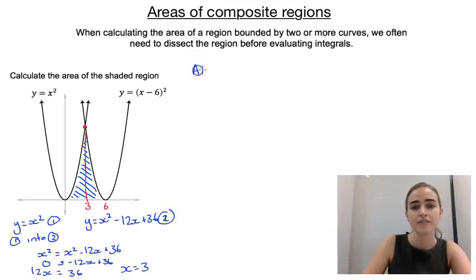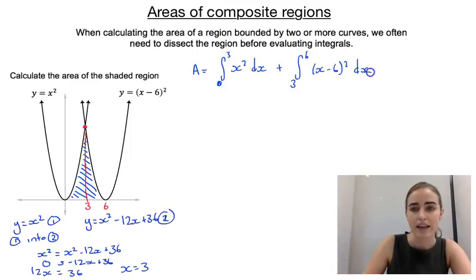Our area is going to be two integrals added together. We've got the integral between 0 and 3 underneath that first curve, so x squared dx, plus the integral from 3 to 6 of (x minus 6) squared dx.